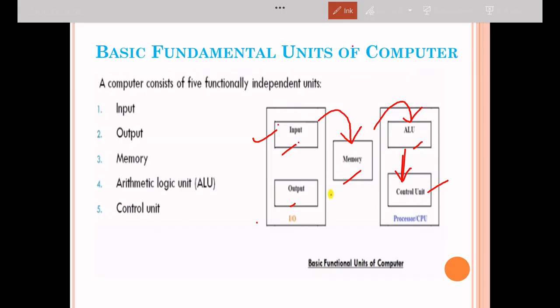Finally the output goes to the memory, and at last the output is displayed as your final result. So this is the basic architecture of how the computer is working.